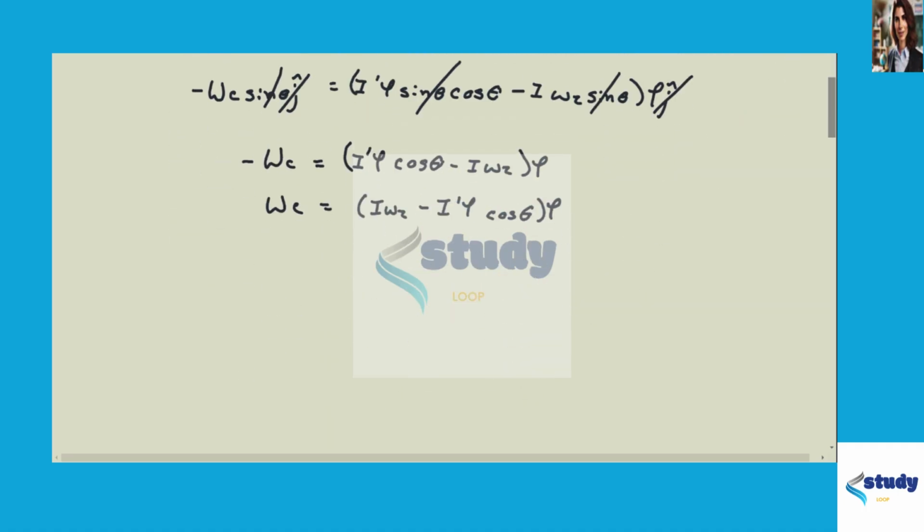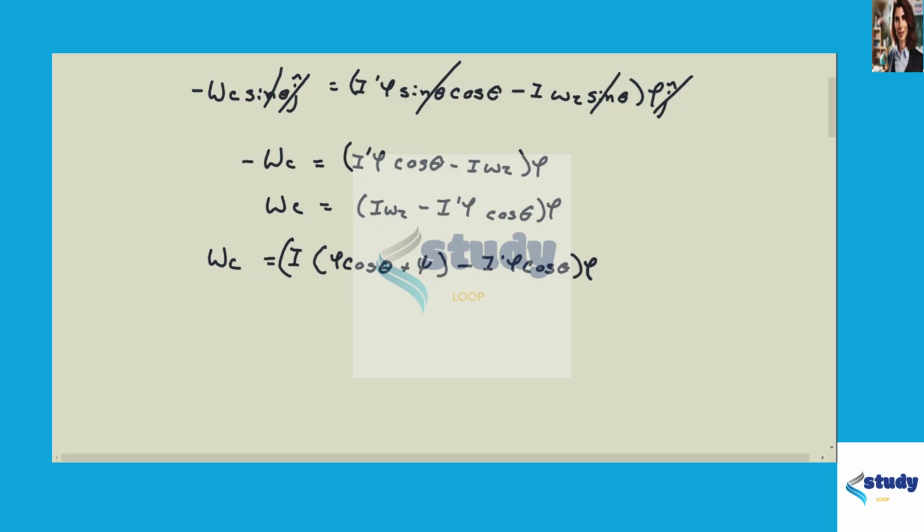Okay. And now we're going to substitute in the W_Z. So let me write what it is going to be. We have C equals I, and what we're going to substitute is phi cosine theta plus the large phi, minus I phi cosine theta phi.